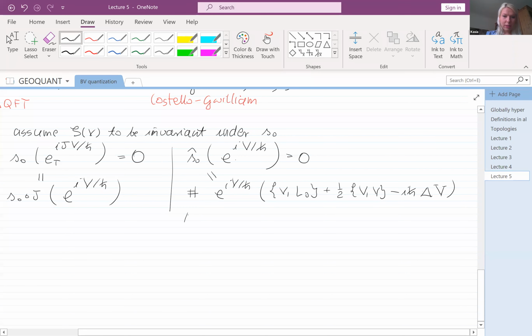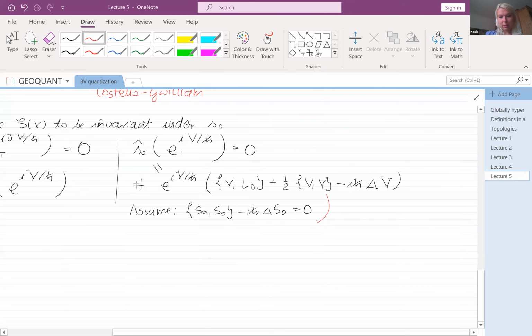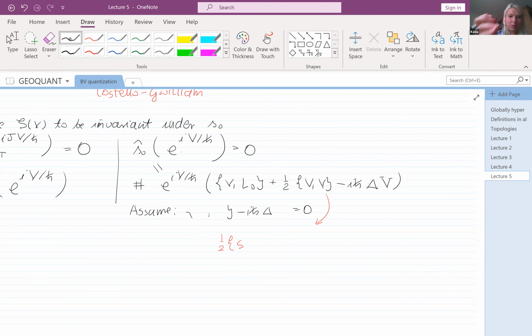Okay, and then we can also assume in addition that this free theory satisfies the following equation. So with that assumption, we can rewrite this as 1/2. Oh, sorry, that shouldn't be S. I'm so sorry, I just used inconsistent letters.